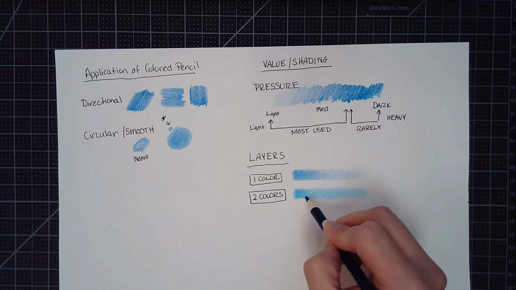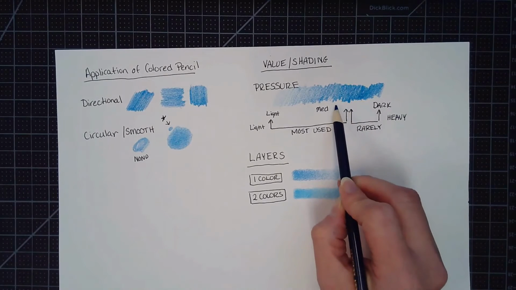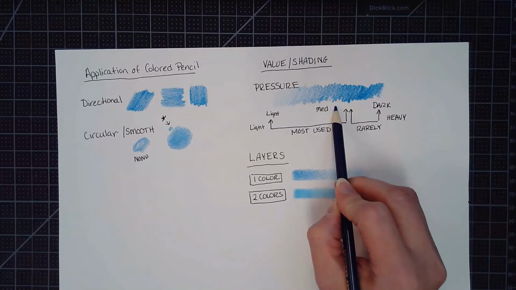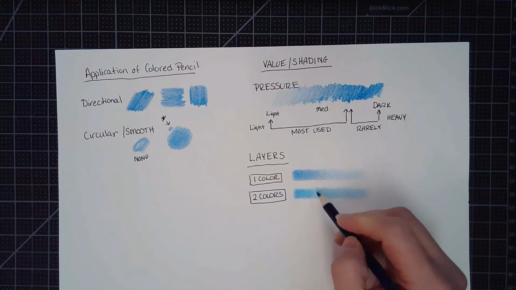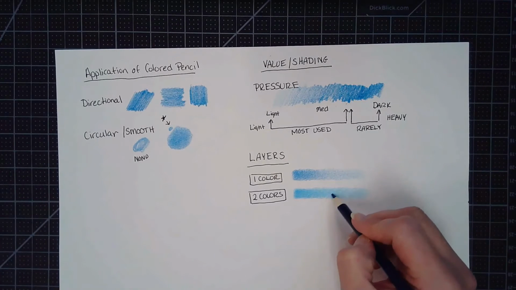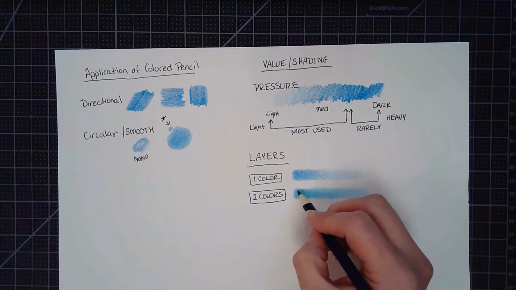But since I was not quite past my medium pressure, I'm probably slightly above it. I know I'm not pressing as hard as I would in this value range. And again, I'm going to ease up on pressure as I come across. And I'm going to go one more time.